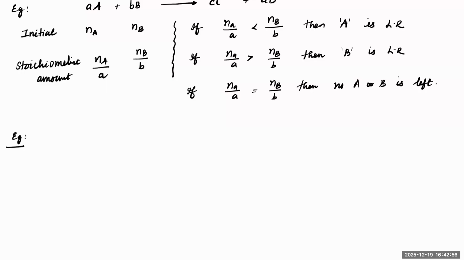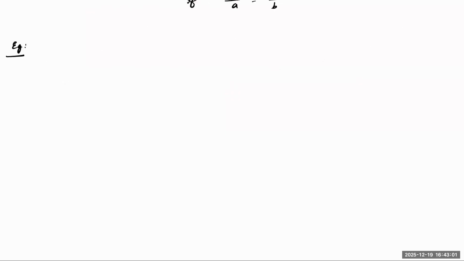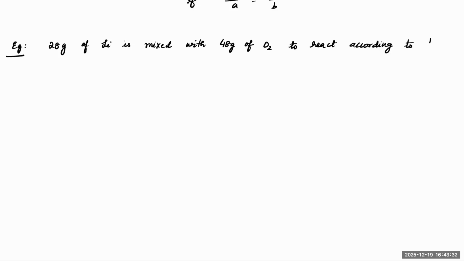Let me give you one question related to limiting reagent, how it can be framed. Imagine we have 28 grams of lithium mixed with 48 grams of O2 to react according to the following reaction.